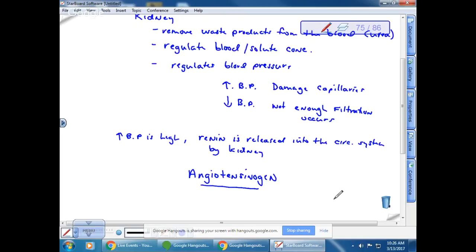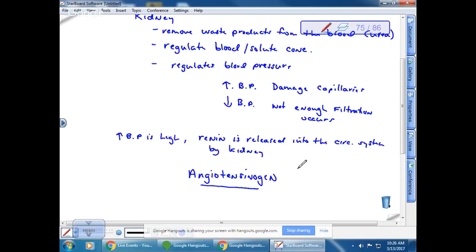We've seen this inogen before. Does anybody remember what other word did we talk about this quarter that had inogen in the end of it? Had to do with blood clotting. Yes, fibrinogen. So remember that when we have inogens in our blood, those are the inactive forms. So fibrinogen is converted to fibrin in the presence of thrombin, right, which is a blood clotting factor that gets converted after all that enzymatic cascade.